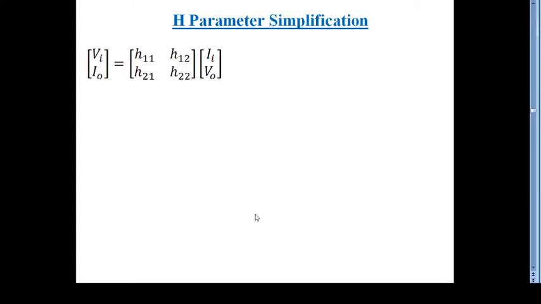Next, the H parameter. If we expand this matrix form, it gives two linear equations.